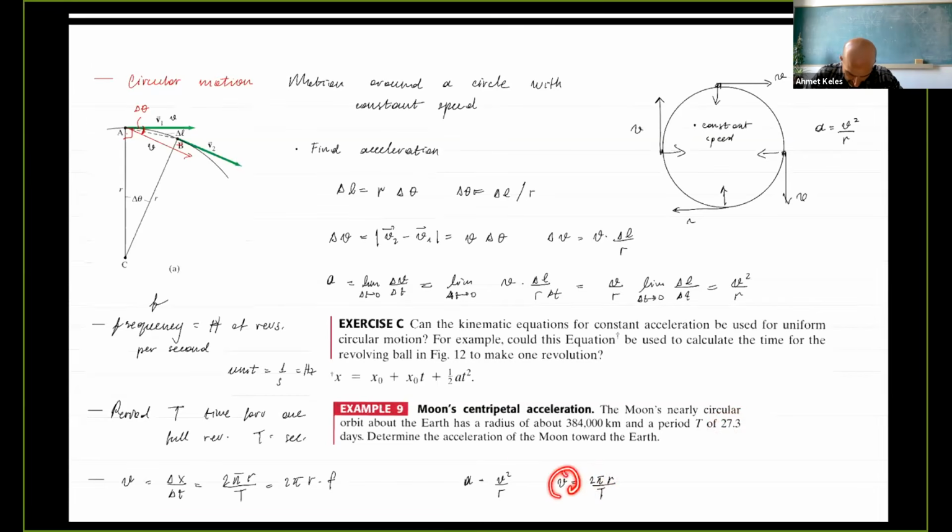You find v and you plug it in here, and then you find the acceleration. Any questions? Simple stuff, right? Hopefully.